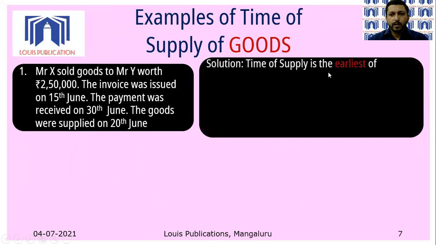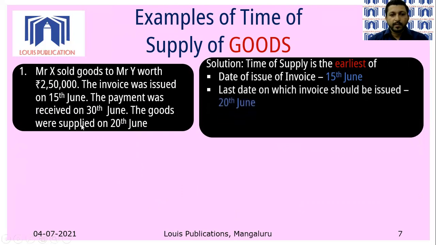This is the solution. Time of supply is the earliest of: the date of issue of invoice, that is 15th of June as given. Second, the last date on which the invoice has to be issued. That is definitely the supply date, 20th of June, as the goods were supplied on 20th June. And the last criteria is the date of receipt of payment, which is 30th June.